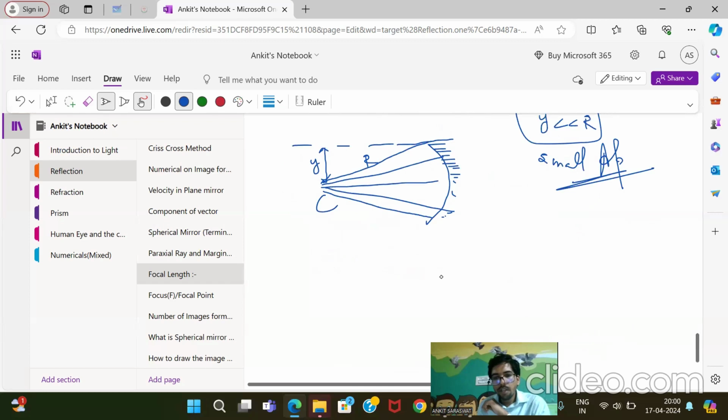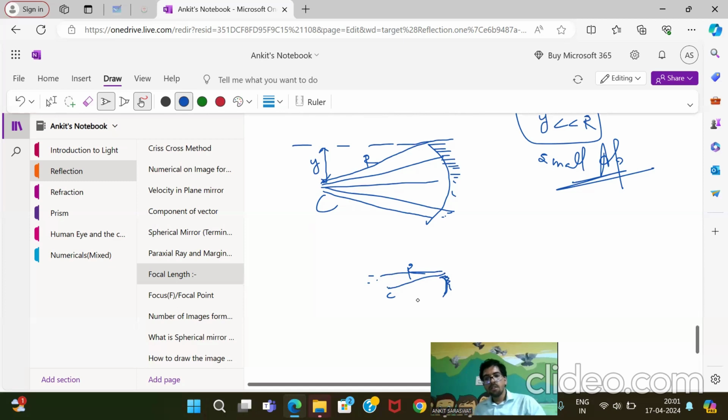Y less means the mirror will be like this. This is the center, this is r, and this is y.